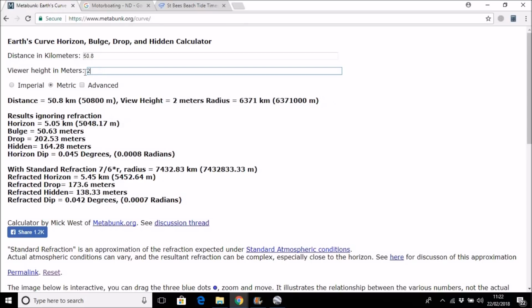So if we put in, well, let's go to a 10 meter difference, we now have a 71.5 meter refracted hidden height.